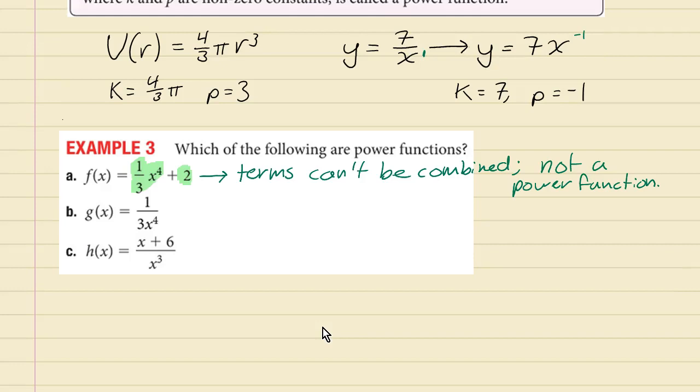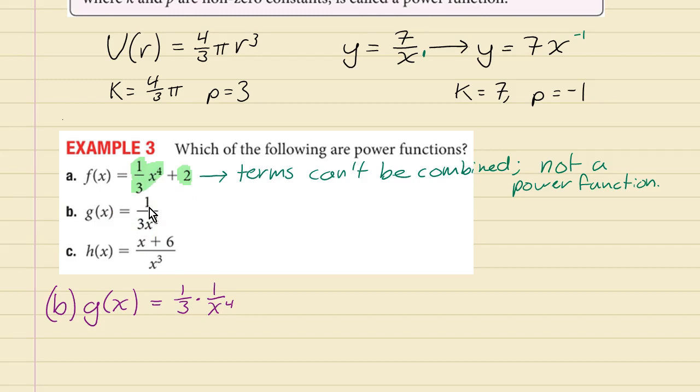And for part B, I'll do that one here. Let's see if we can write it as a power function. I'm just going to start by noticing something. The 1/3 and the x to the 4, you can write it as two separate fractions, like so. Because multiplying those fractions together, you would just get that original thing.